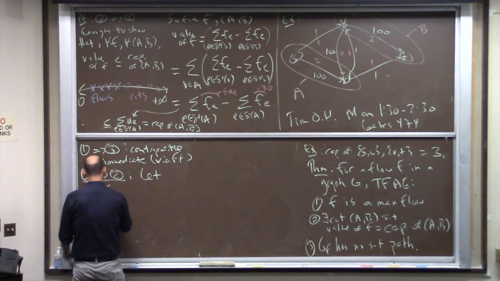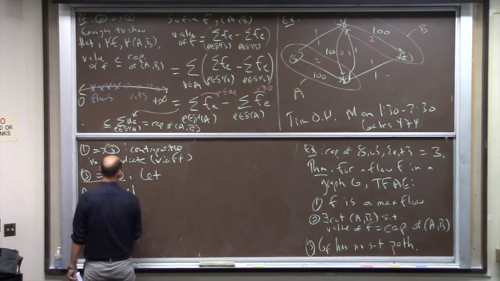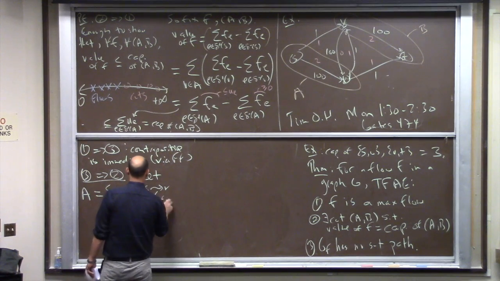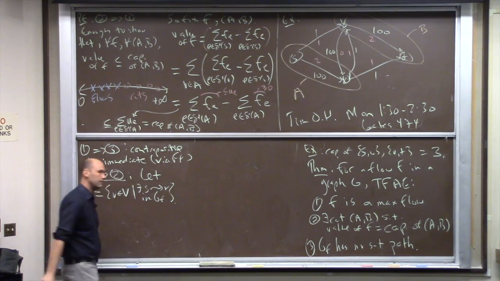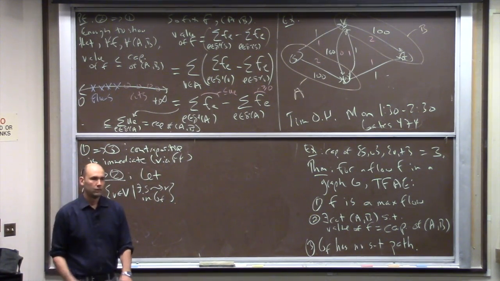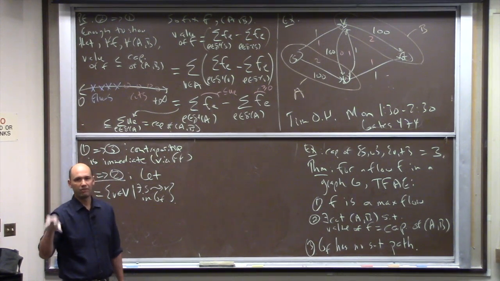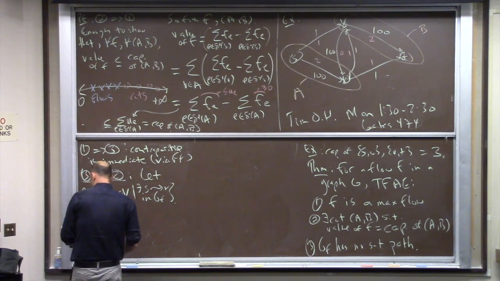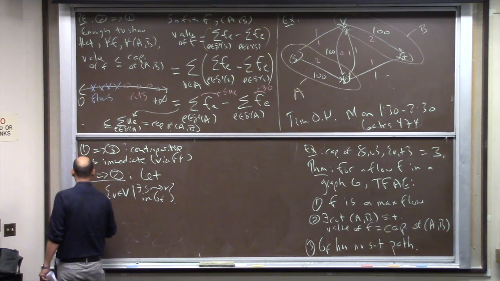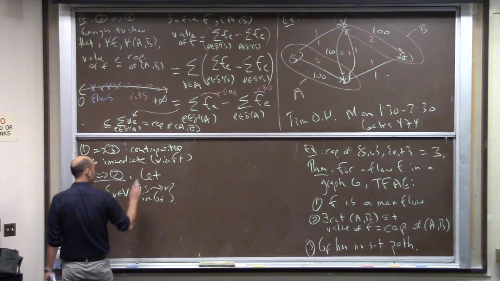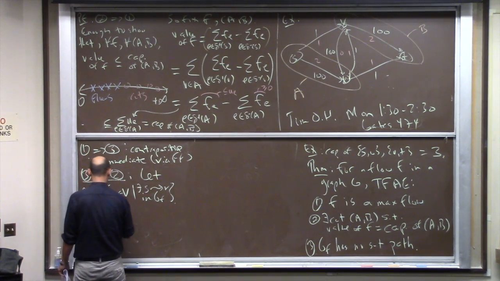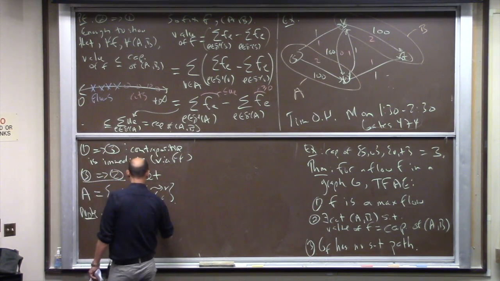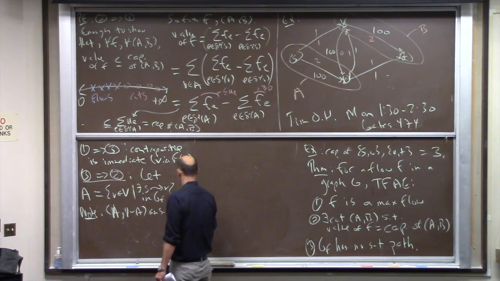So let A equal the set of vertices V such that there exists a path from S to V in G_f. Okay? So again, just run your graph search from S, see where you get stuck. You get stuck at A. Okay? So I want you to notice that because of assumption 3, (A, V minus A) is an ST cut.